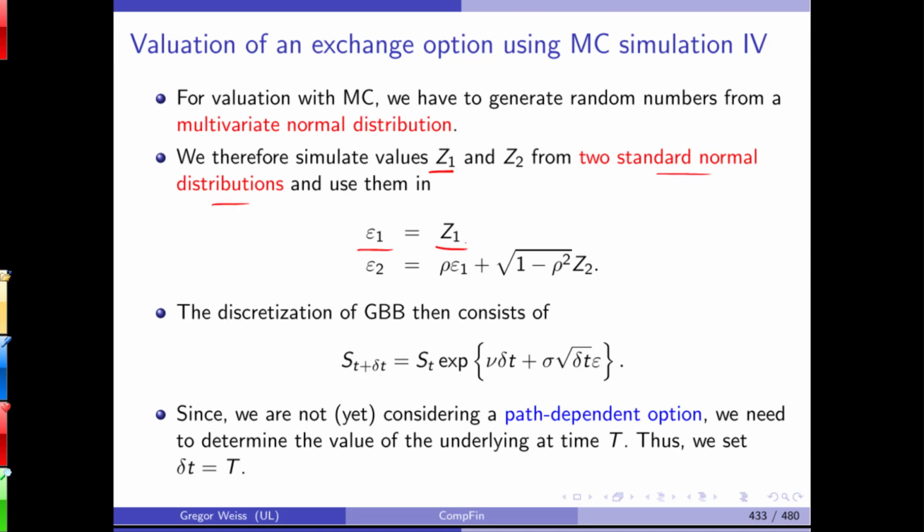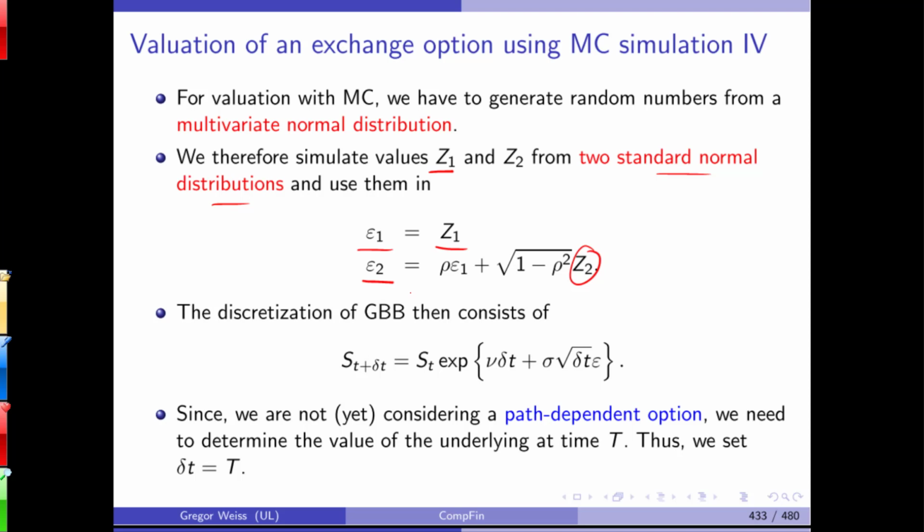Epsilon 1 is Z1, and epsilon 2 is Z2 times square root of 1 minus rho squared plus rho times epsilon 1. So this is actually the algorithm for simulating from a bivariate standard normal distribution.